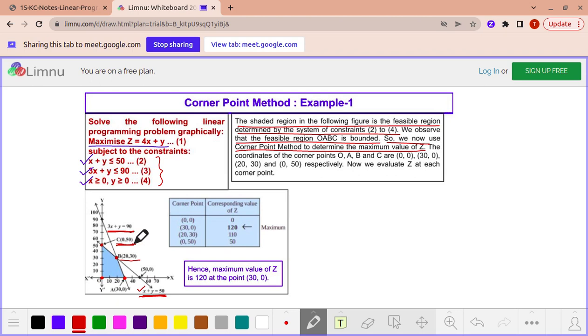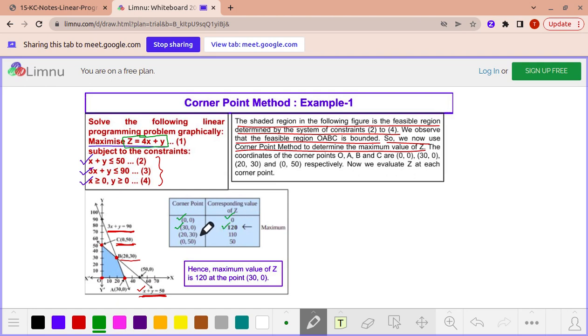Now, what we need to do is find the value of the objective function, that is 4x plus y, for all these corner points. For 0, 0, when x equal to 0 and y equal to 0, we get the value of the objective function as 0. When x equal to 30 and y equal to 0, that is 30 comma 0 at corner point A, we get 4 into 30 plus 0, that is 120.